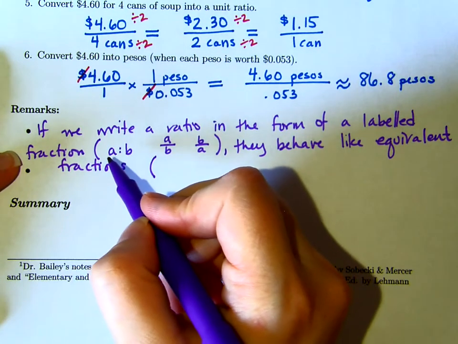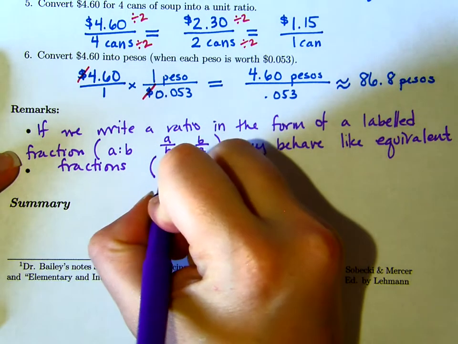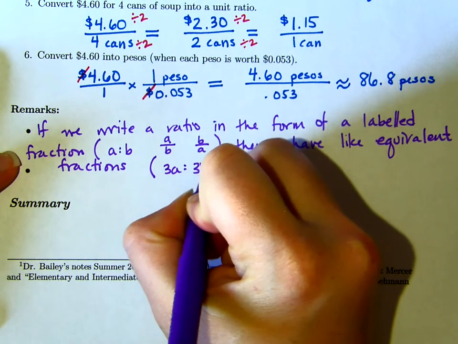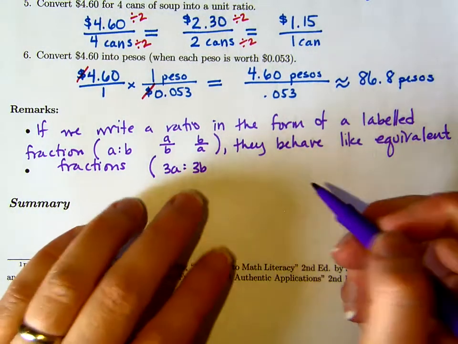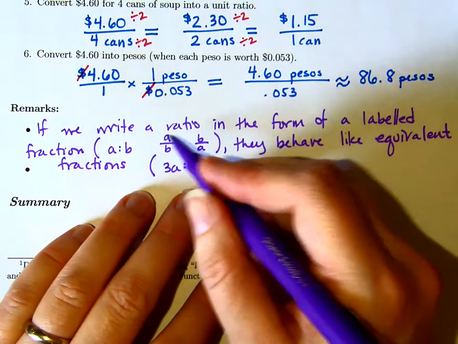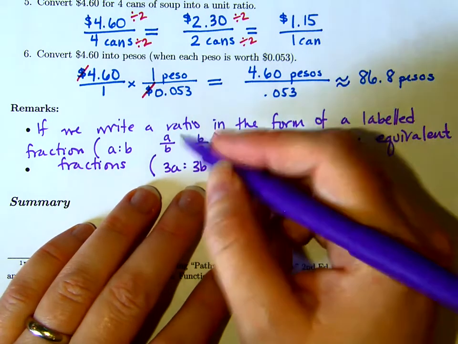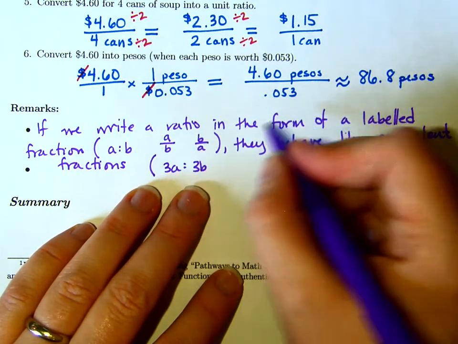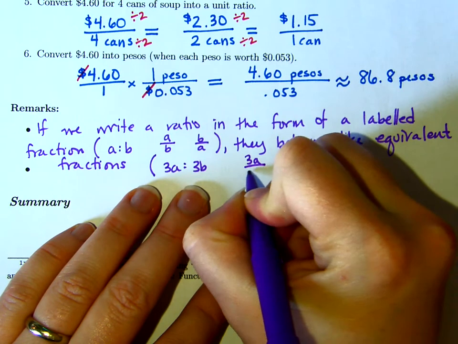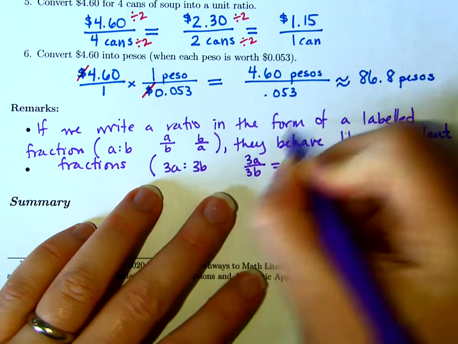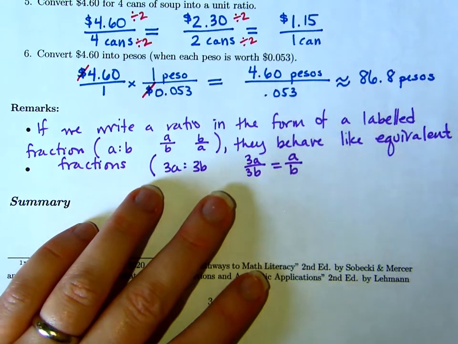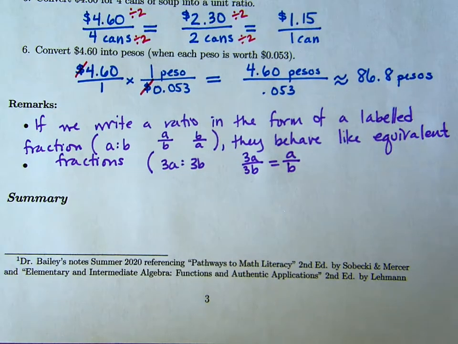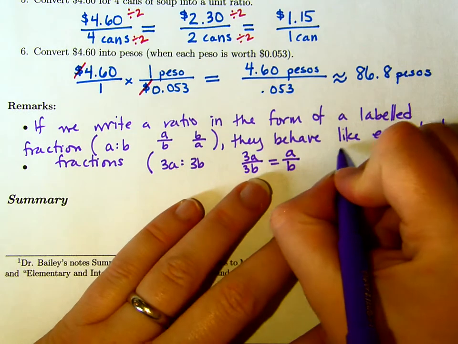So if A is to B, then triple that, scale them up, then 3 of A's would go for 3 of B's. And if we have it written as A over B, or A to B in fraction form, triple each quantity, and that is equivalent to the original rate.